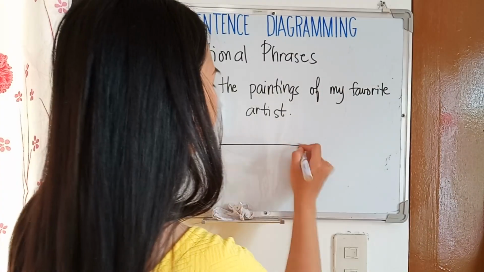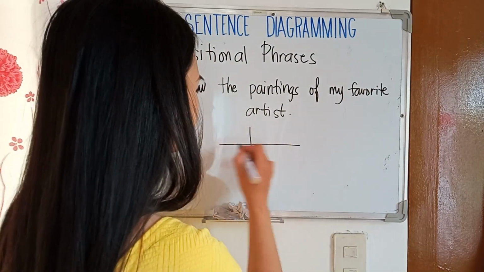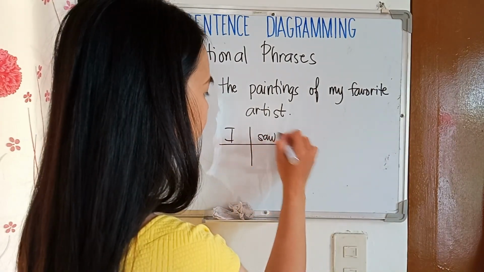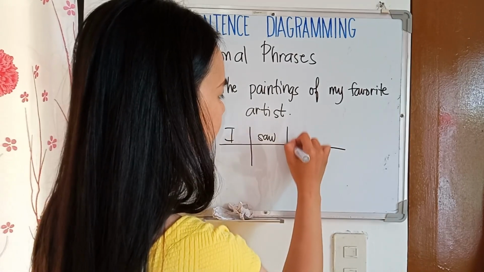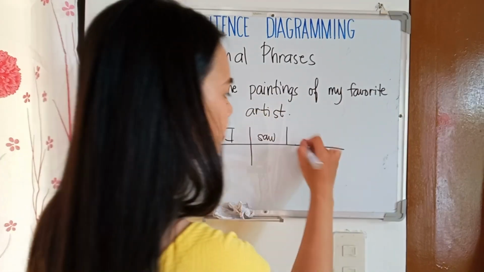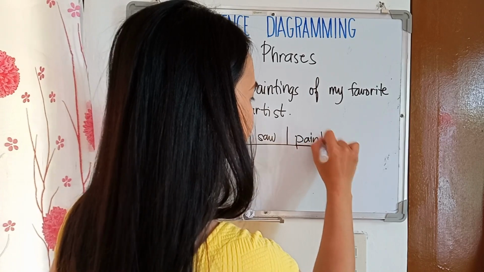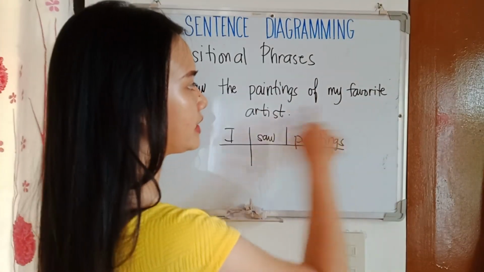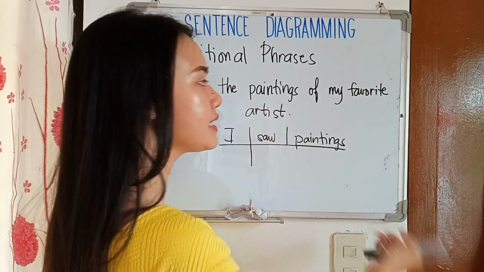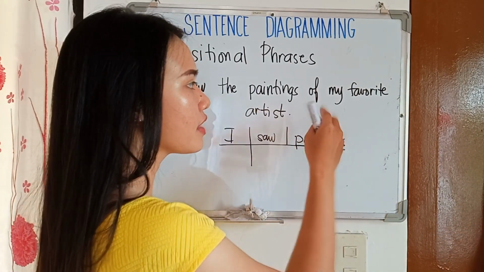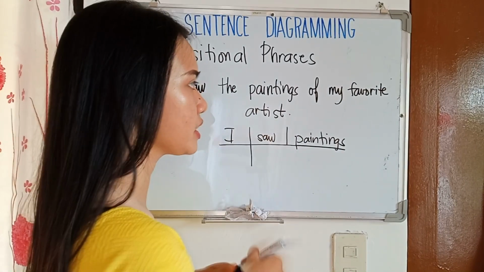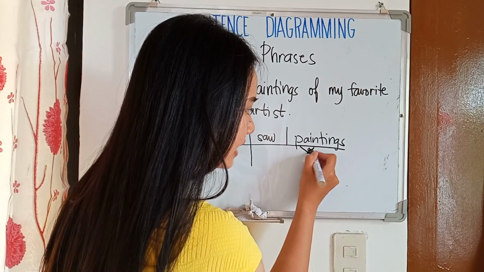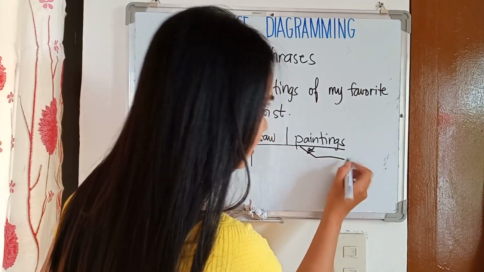So, let's analyze. I is the subject. Saw is the verb. I saw what? We write a straight line because this is the direct object. Paintings. After our direct object, we still have a prepositional phrase here of my favorite artist. Of is the preposition. This is the object of the preposition. So a preposition of is written here, slanted line, and then straight line of what?